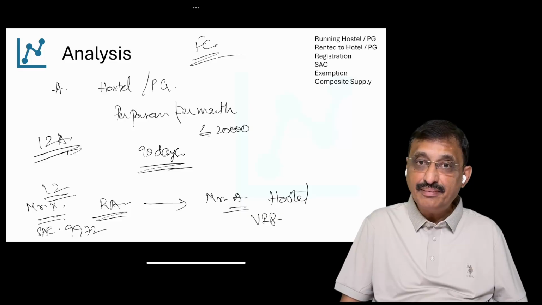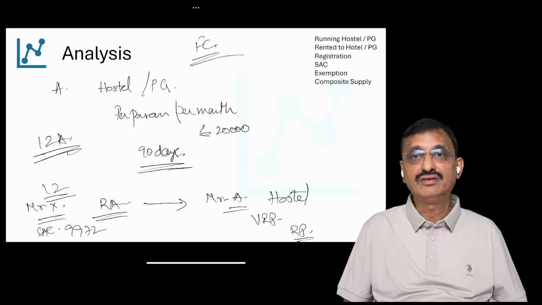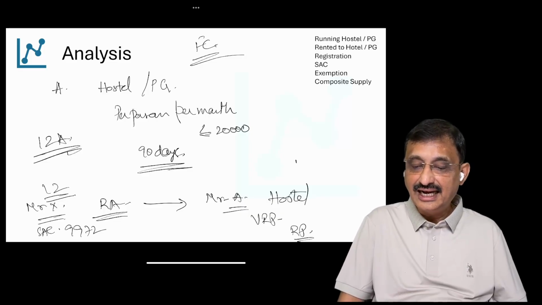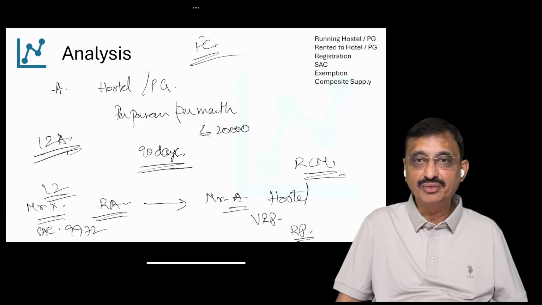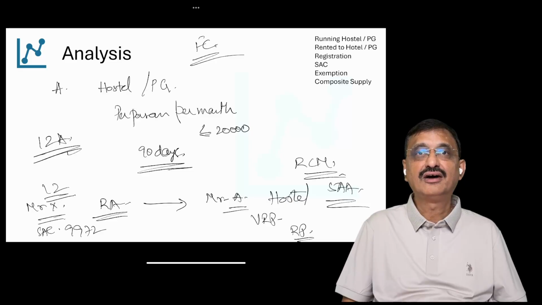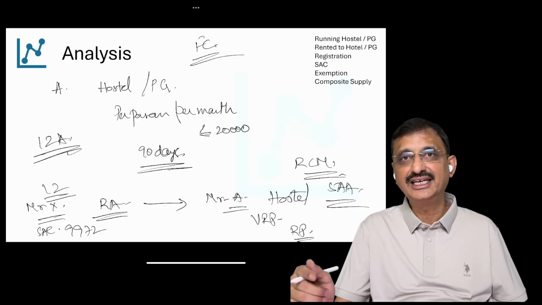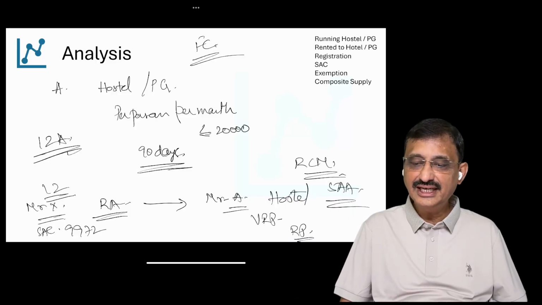Now, if this person happens to be a registered person, what will happen? Then RCM will come into play. That will be entry number 5AA of the RCM notification. Okay.